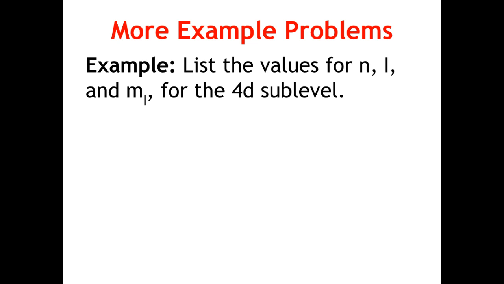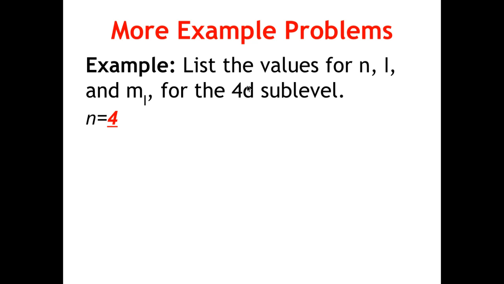For the 4D sublevel, well, what do I do? Well, we know that n is the principal quantum number, and this right here tells you which energy level it's in. So n would be 4. Now what about L? The shape of the sublevel.